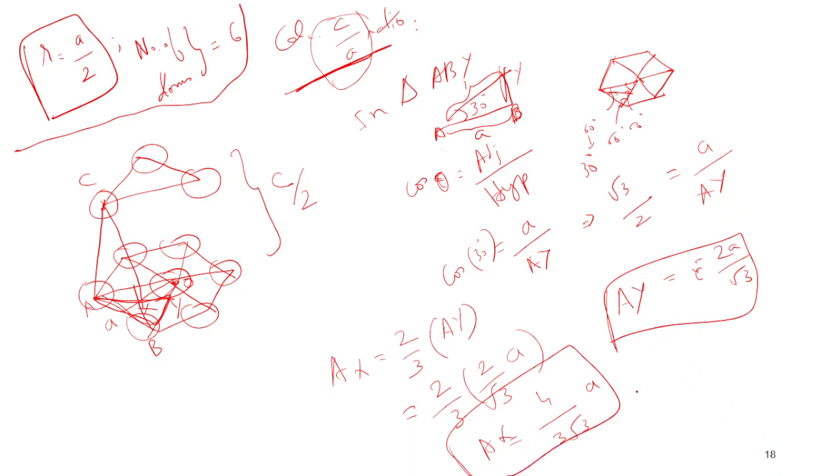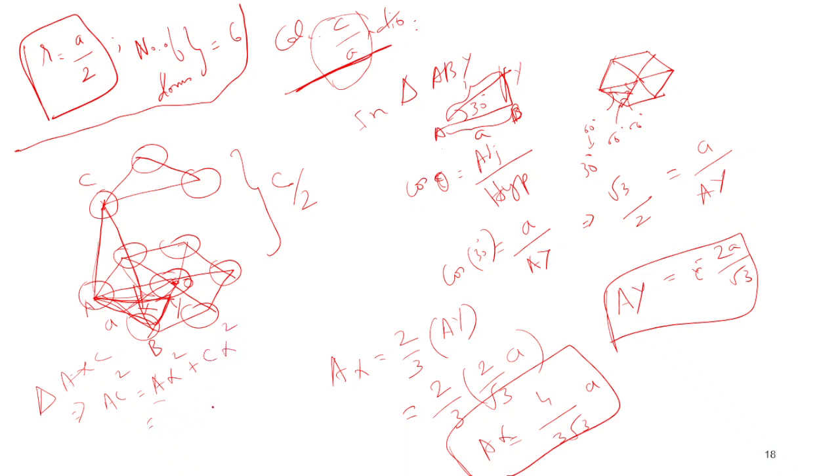Then we will go for the triangle AXC. What is AXC? This triangle. Now in this triangle AXC, we use the simple Pythagoras theorem: AX square plus CX square.